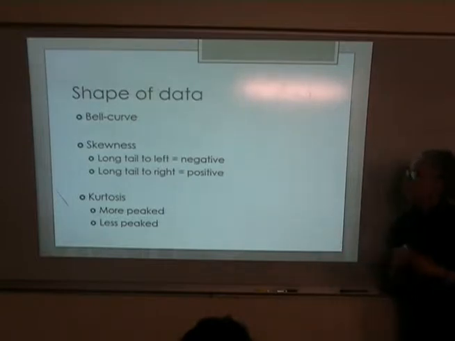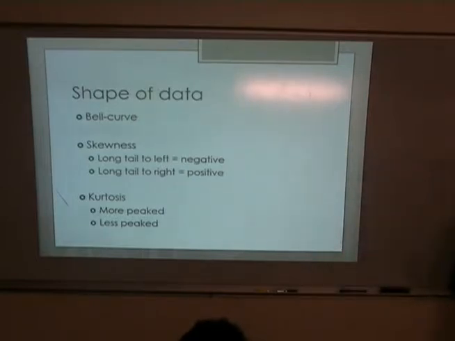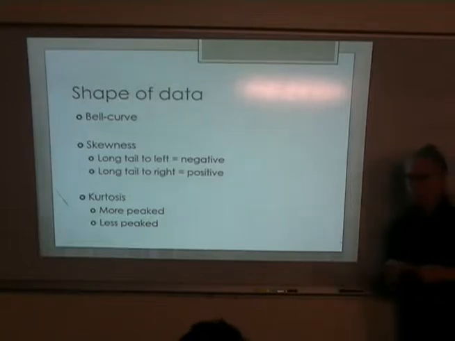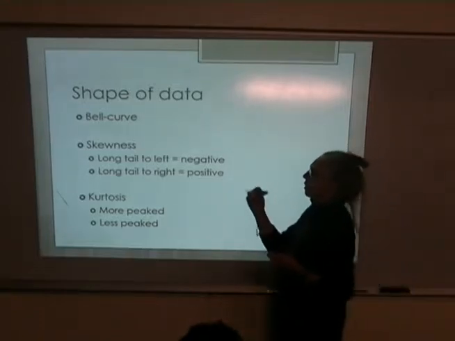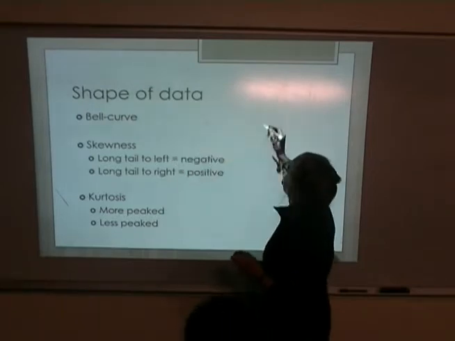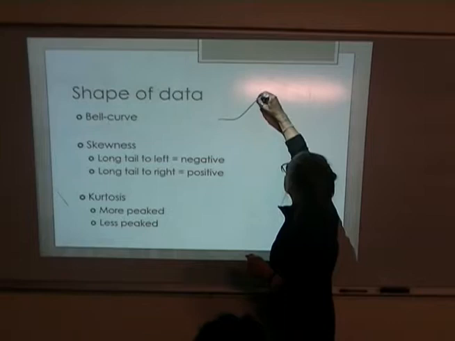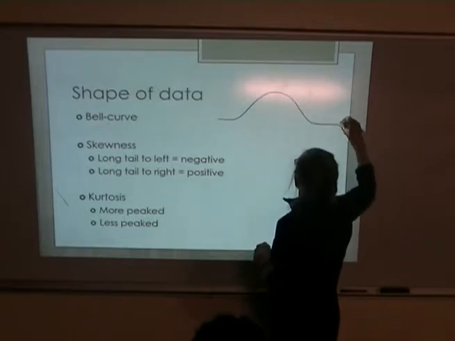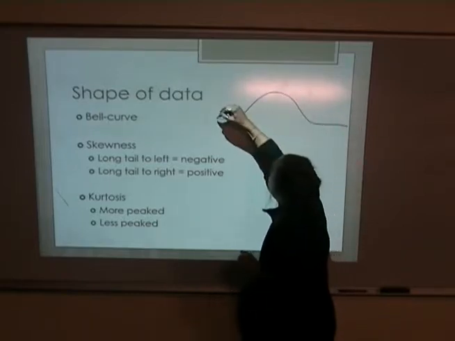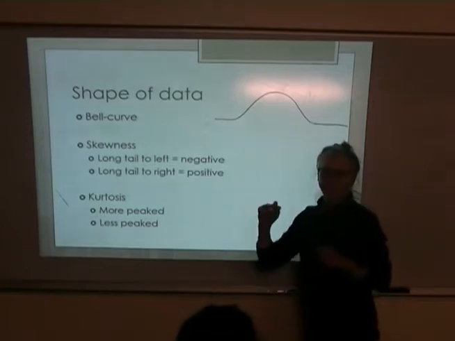So they'll often talk about the shape of the data or whether they have normative shaped data, right? If it's a bell curve, then that means that your data looks like that. Pretend that's equal on both sides.